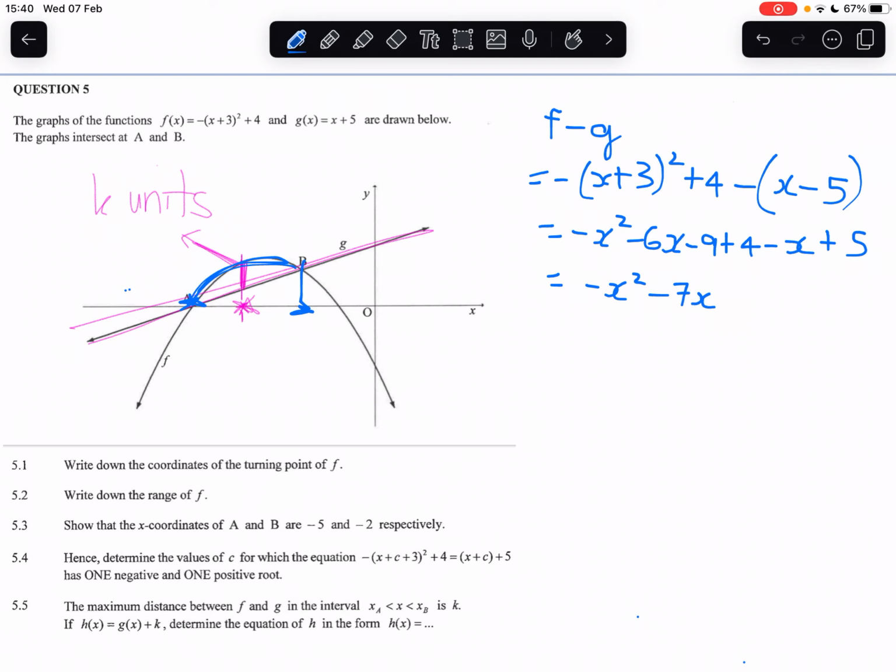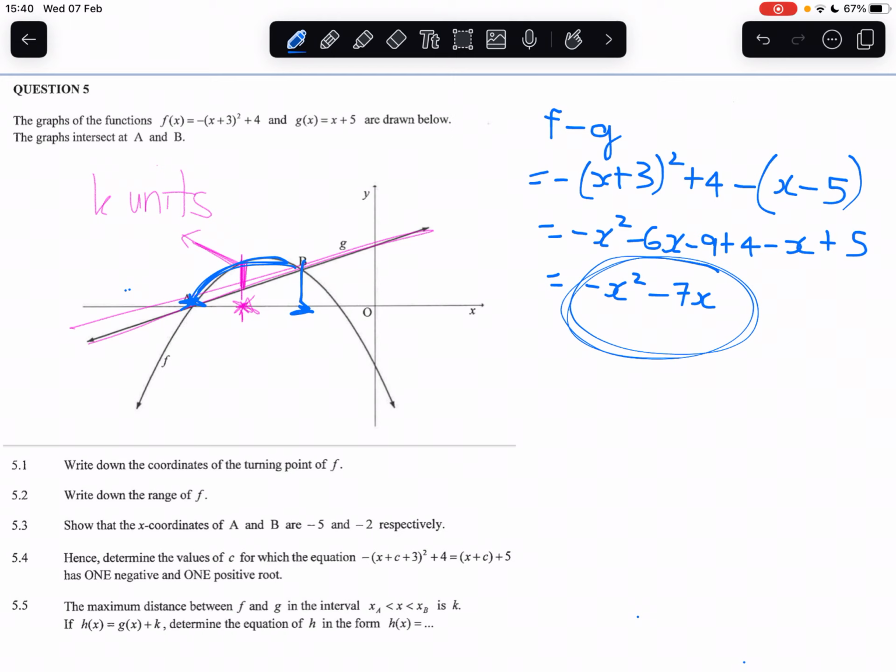So the expression for the distance between f and g in this little interval is given by minus x squared minus 7x.